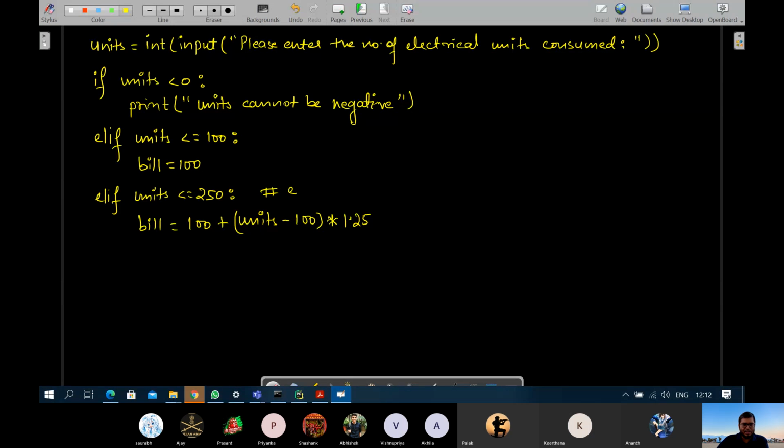We could have also written like this: elif units is greater than 100 and units is less than equal to 250. ये भी लिख सकते थे, but in that case this portion would have been unnecessary because it has come down because units was not less than or equal to 100.